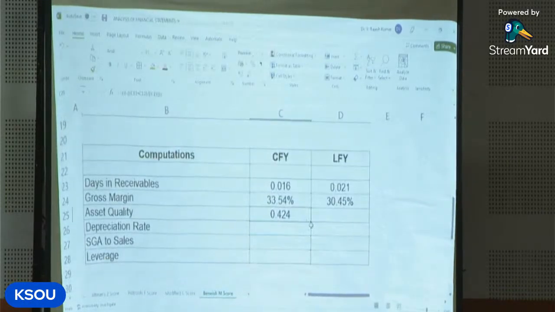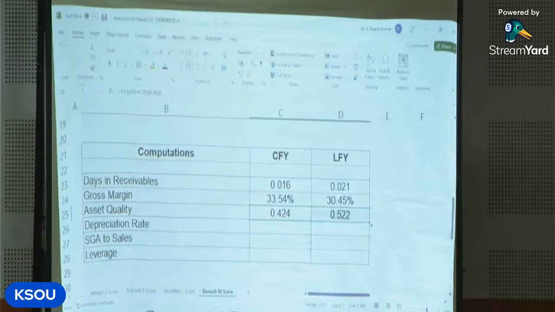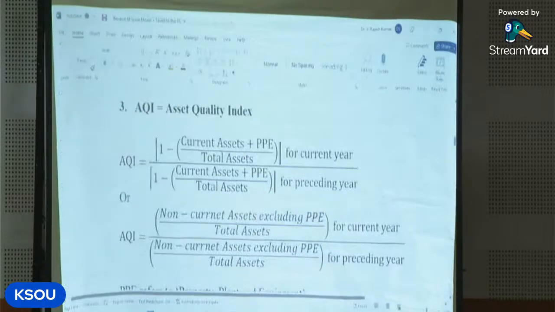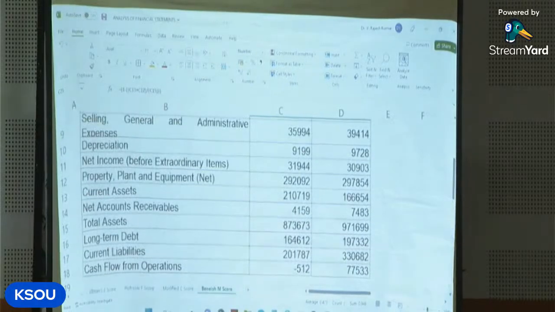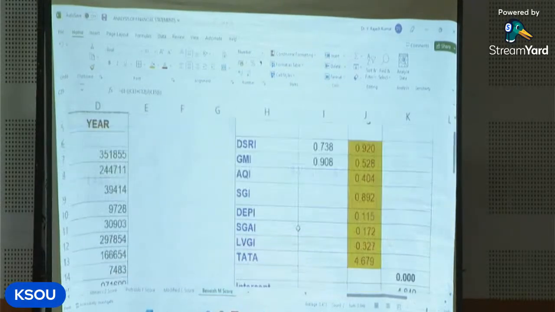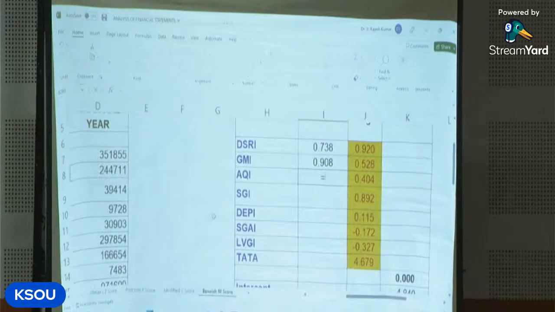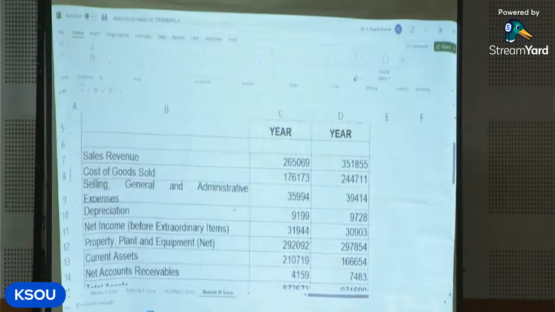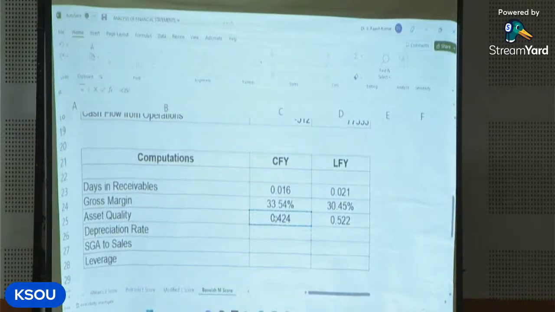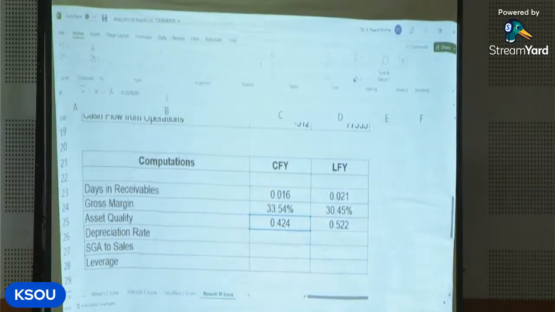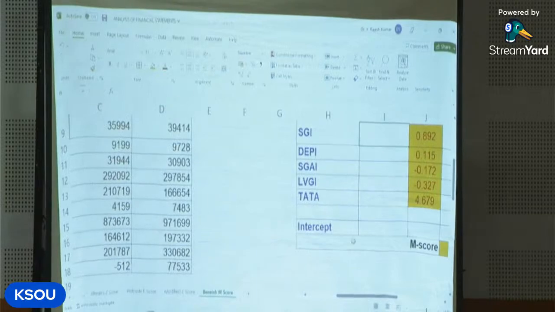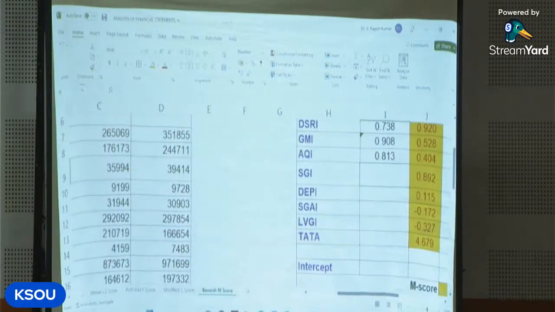This for current year, same way for last year. Divide current year figure with last year's figure. Okay, you get a number, 0.813 something.